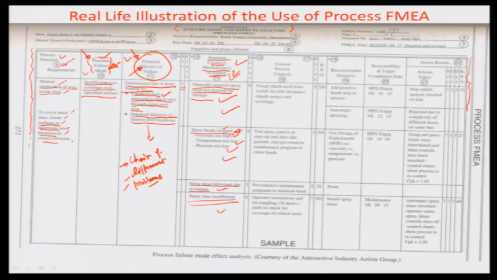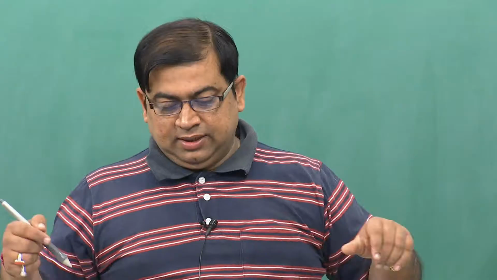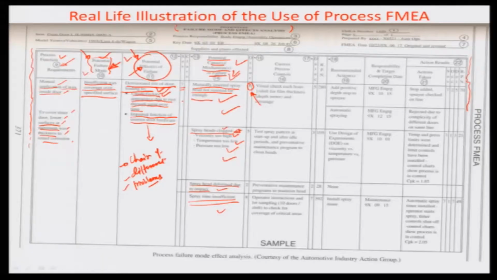So, that is probably one of the more potential reasons, and on a 0 to 10 scale, the concerned engineer at that particular process level has rated the occurrence to be at 8. So, therefore, in 80% of the cases, the reason why this failure of the deteriorated life of the door occurs is because the spray head is not able to go as far in between the door inner and outer, okay, and that is why it is a high level of occurrence.